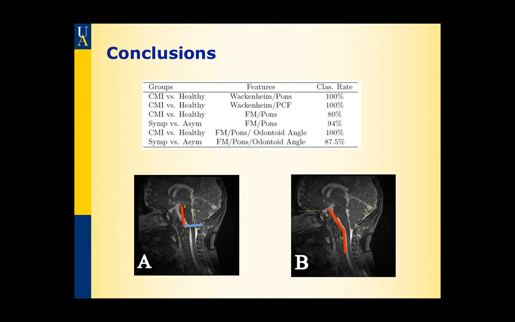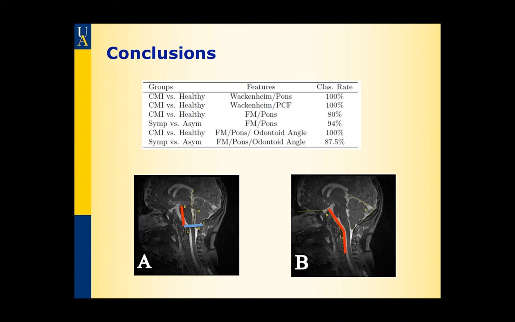I think that's the interesting thing about this: using this technique, she identified that the measurements that separate the healthy group from the Chiari group, right here, Wackenheim and the Pons, were entirely different than the measurements that separated, for example, the symptomatic and asymptomatic group.